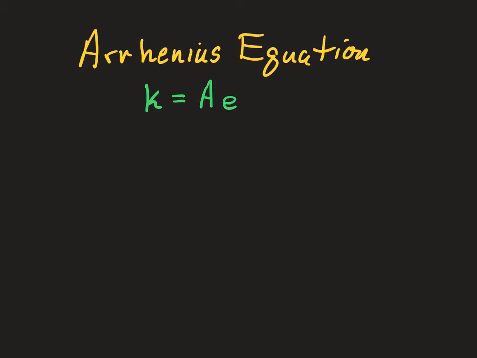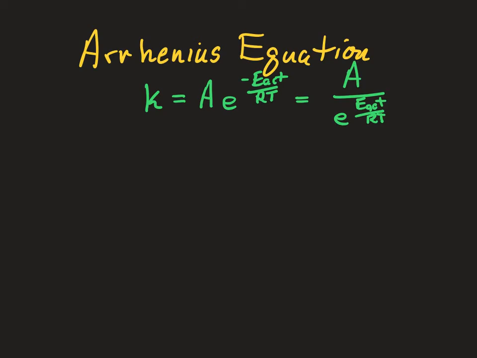Raised to the e to the minus power of the activation energy divided by RT. And since we're using this negative exponent, that is equivalent to saying A divided by e to the activation energy over RT, right? Those are equivalent expressions.